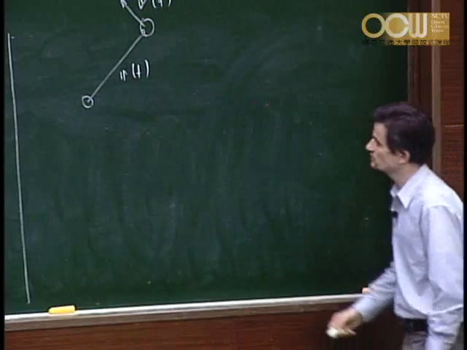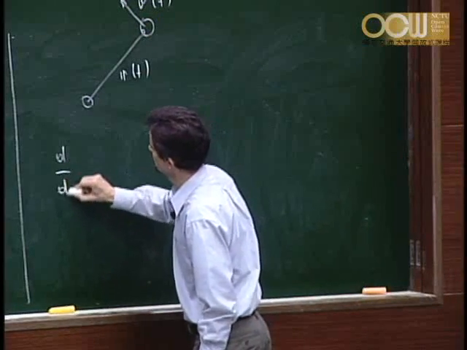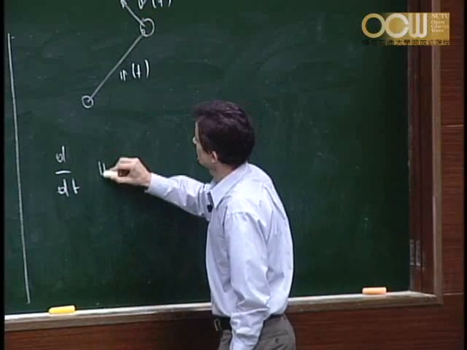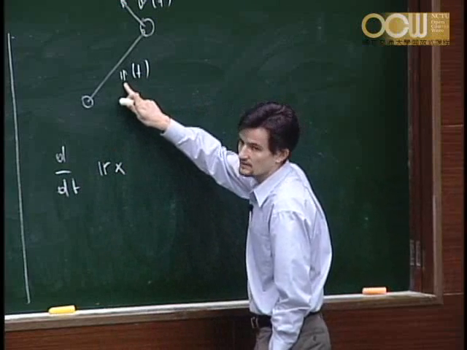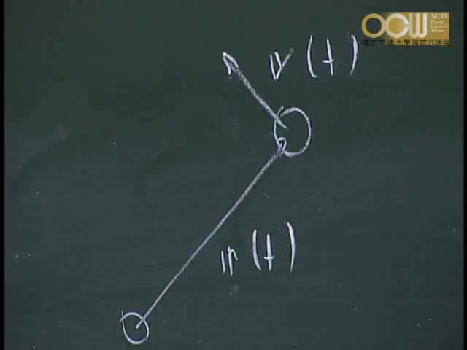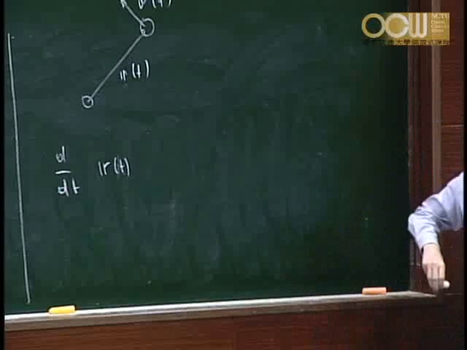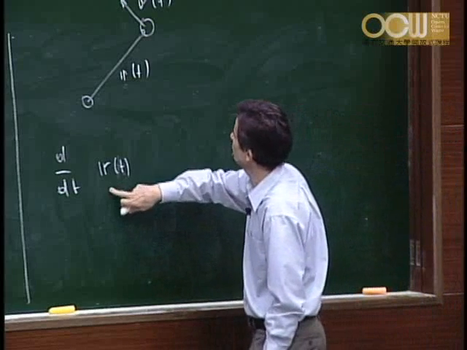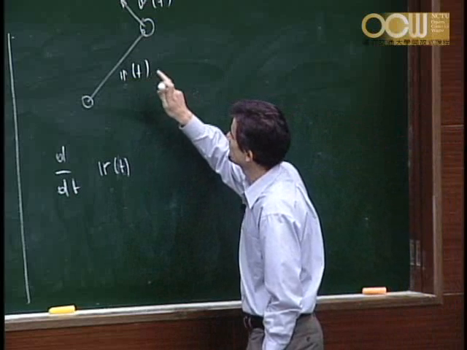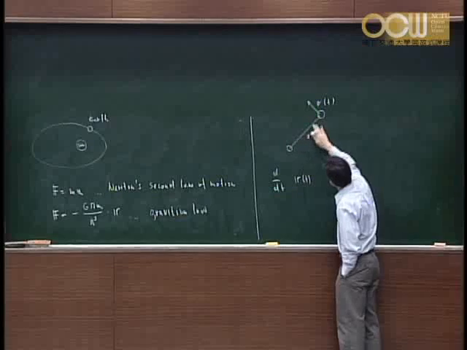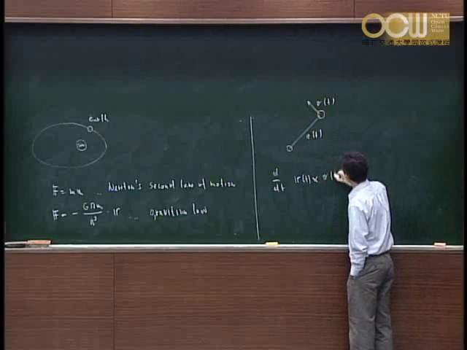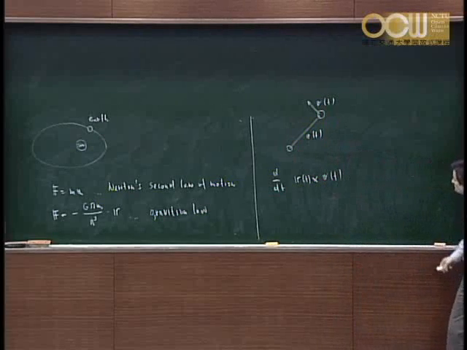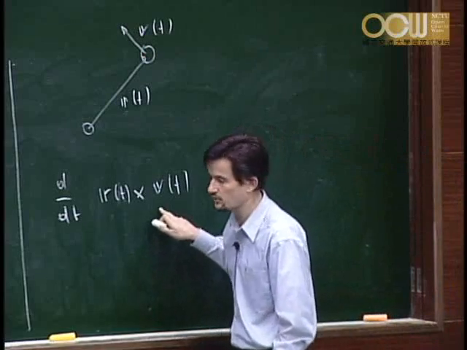The first thing we do is look at the derivative of the cross product between the trajectory and the velocity. Maybe I should always indicate the time, because some quantities will depend on the time, some not. Here we can use the product rule.